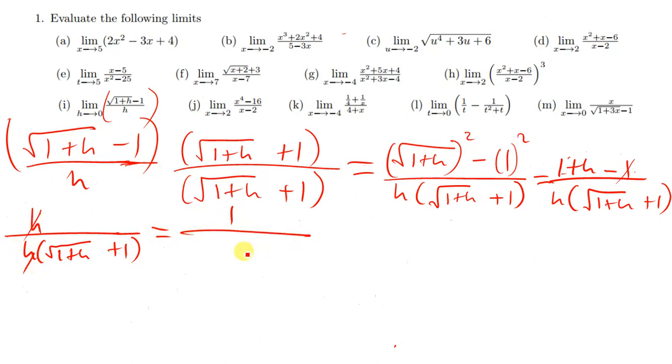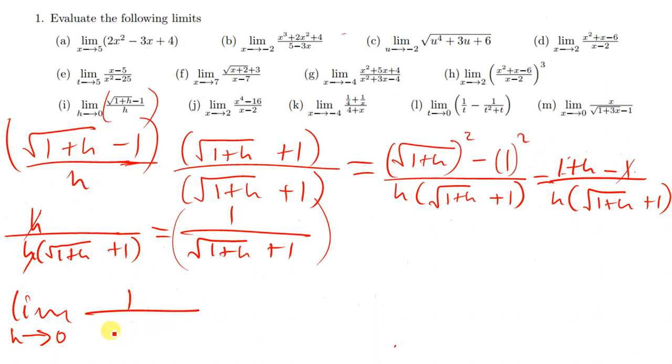We just remain with 1 over the root of 1 plus h plus 1. And this is what we're going to use to find the limit. So now we find the limit as h approaches what? 0 of 1 over the root of 1 plus h plus 1.